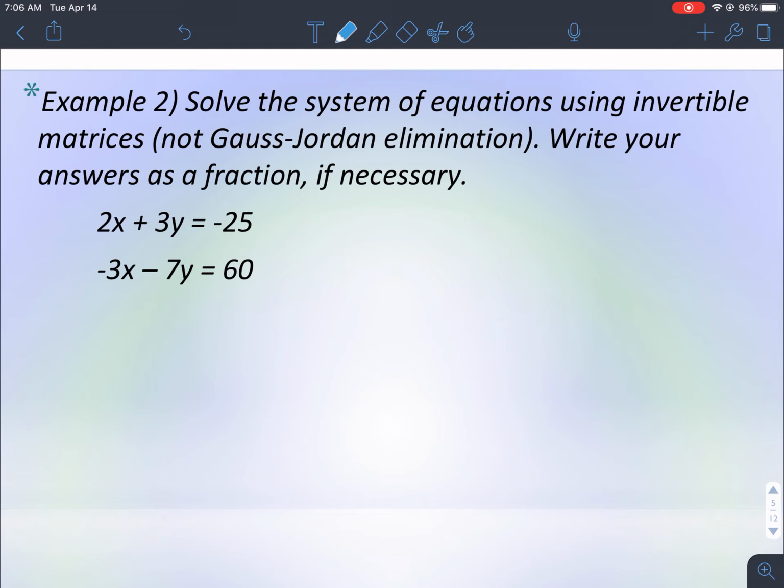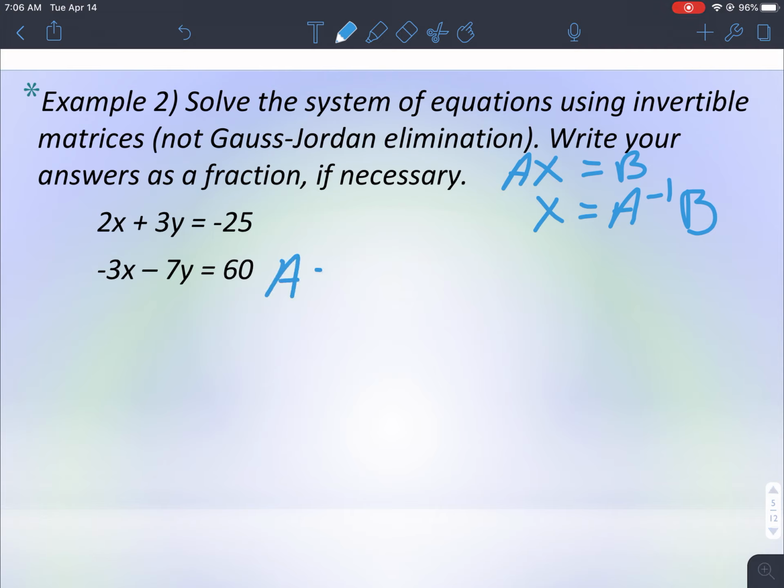Here's our example. Solve the system of equations using invertible matrices, not Gauss-Jordan elimination. Well, we know that AX equals B, and also that X is equal to A inverse B. Our first step should be to get the inverse.